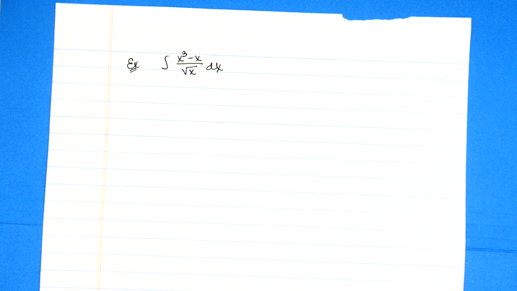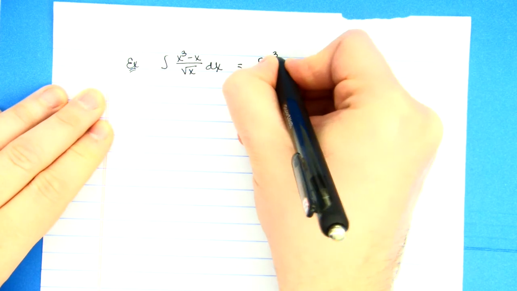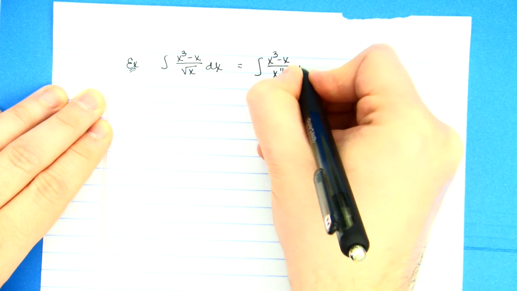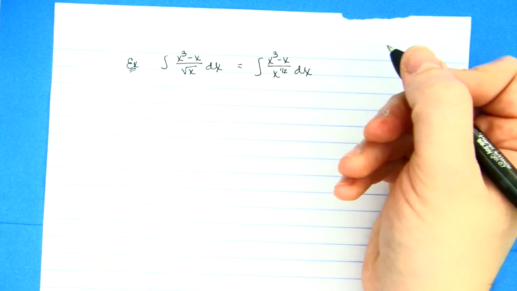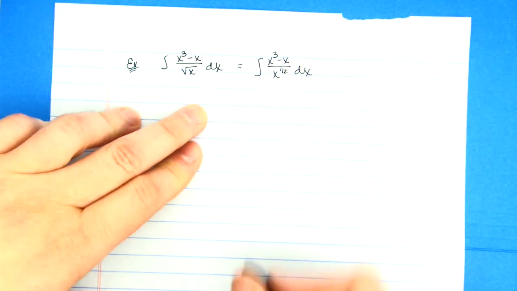Any ideas how we could do some rewriting with this? Well, for starters, I can say the denominator is x to the 1/2. And then we can separate our fraction and use a little bit of algebra to rewrite this.